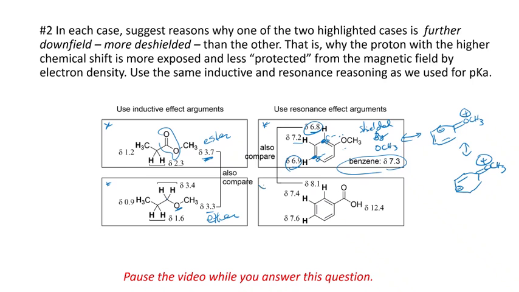Okay, the last one. It's exactly the opposite. We have a carbonyl group. It's de-shielding. Look, 8.1, 7.4, 7.6, they're all on the other side of 7.3. They're de-shielded. With 2 of them, this one and this one, this carbon, being especially de-shielding. Why? Same reason.